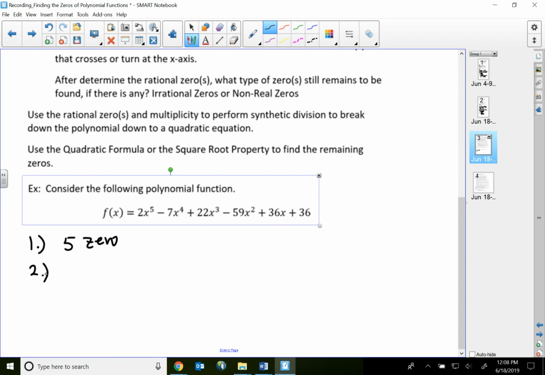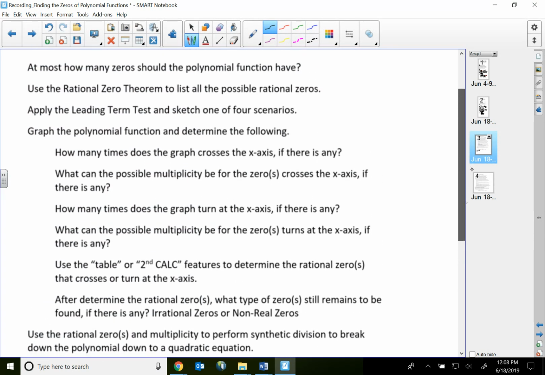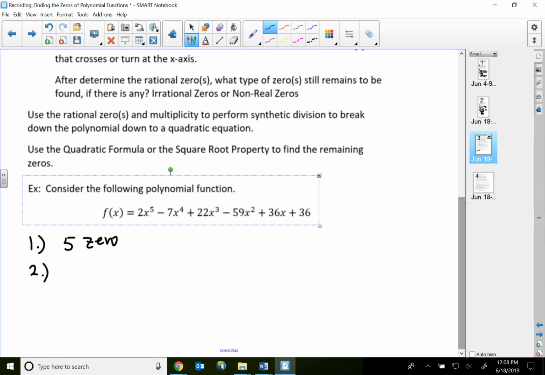All right, number 2, let's do our P over Q. Use the rational zero theorem. P is 36. So what times what is 36? 1 times 36.